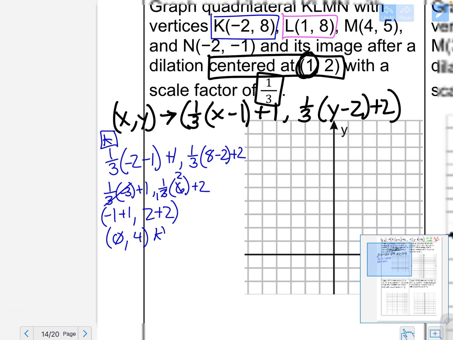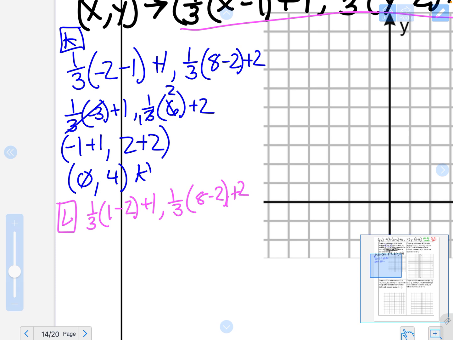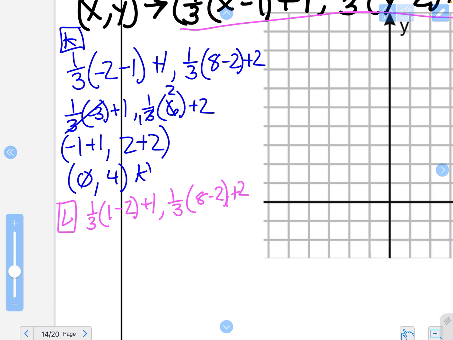which is 1, 8. And again, I'm going to take what I have right here, and I'm just going to plug in L's numbers. So 1/3, our x for L is 1. Then we put -2 plus 1. Then we do 1/3. Our y is 8 minus 2 plus 2. And this is where I kind of start doing a few shortcuts.